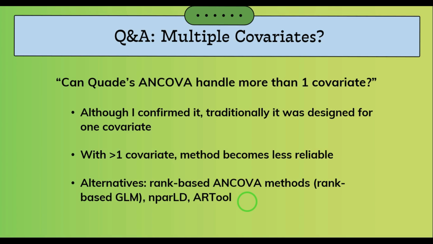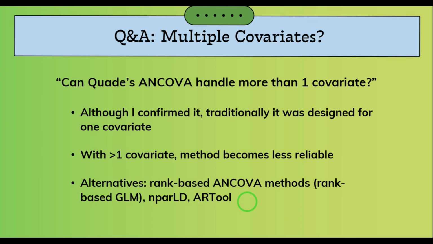So the short answer is, if you stick to the classical Quade's ANCOVA, it's best when you have one covariate. But if you need to handle more than one covariate, you'll need to use modern rank-based ANCOVA methods instead. Right? That way you're staying true to the spirit of Quade's ANCOVA method, but with the flexibility to handle more complex designs.